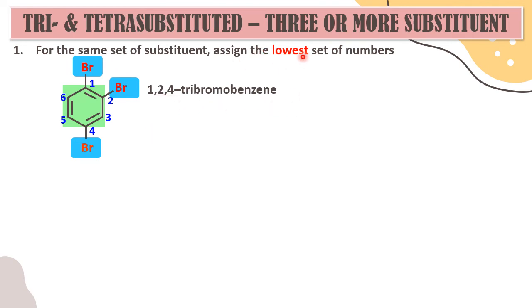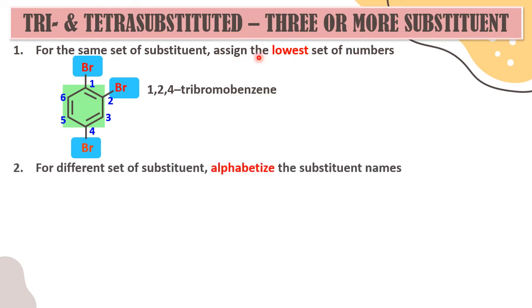So assign the lowest set of numbers. But if we have a different set of substituents, alphabetize the substituent names. For example, over here, chlorine, bromine, and iodine are all halogens, so our parent name will be benzene.